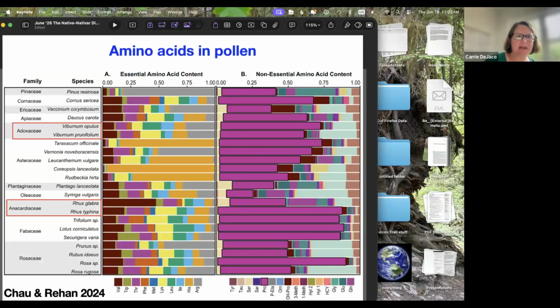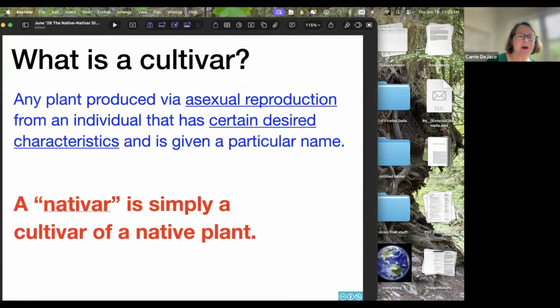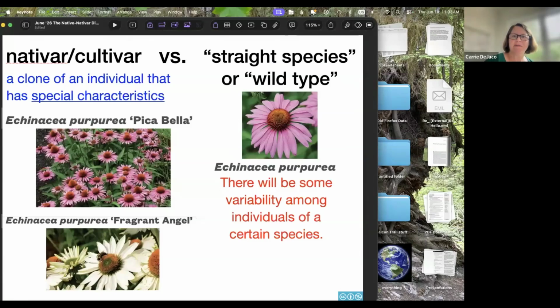In terms of what to look for on a label, let me share the presentation again here. Looking at those plant labels, if we're looking for the wild type, we want to look for names that have two parts in italics like this, or they might be underlined instead of italicized in some situations. These two parts of the name are the genus and the species.